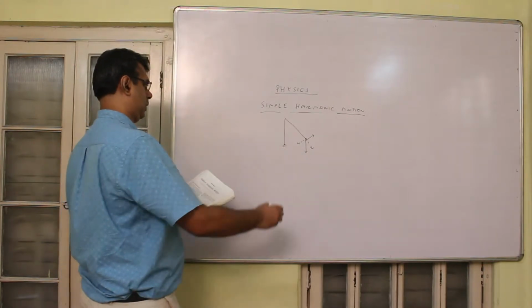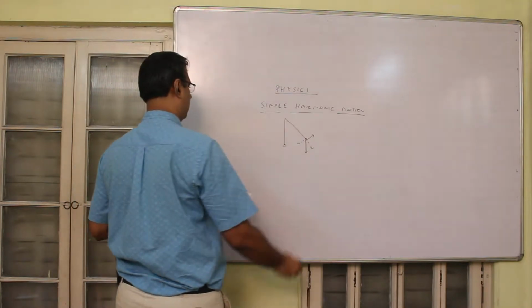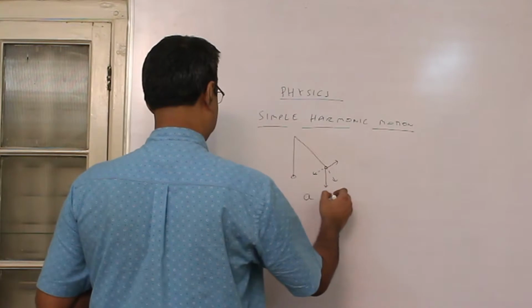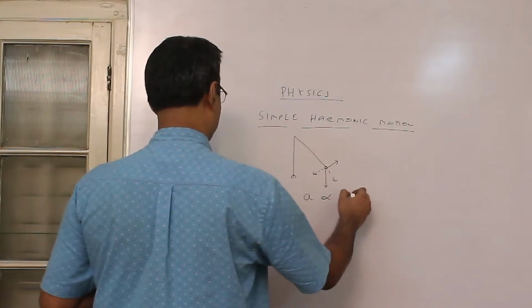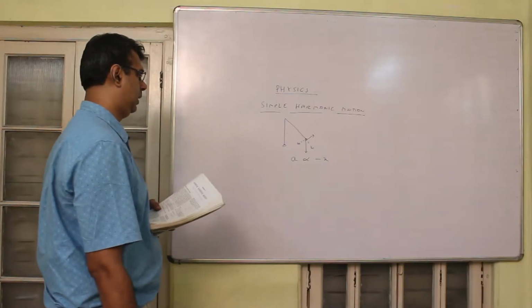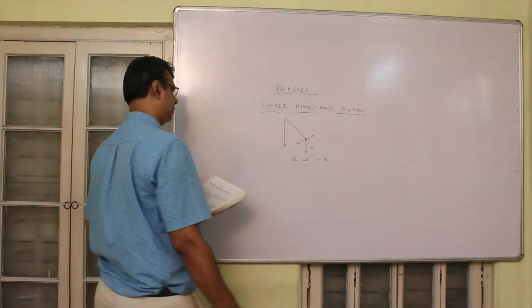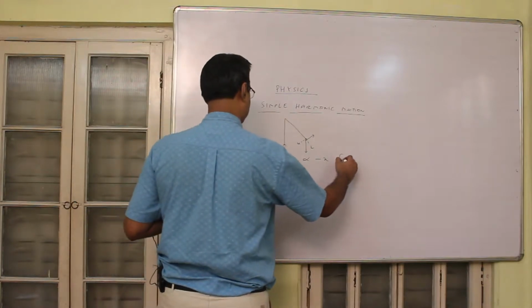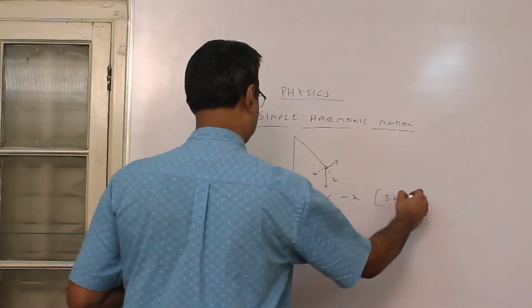So the force on the bob is directed oppositely to the displacement, or you can say that the acceleration of the bob is proportional to the displacement and directed oppositely. So this type of motion is called simple harmonic motion.